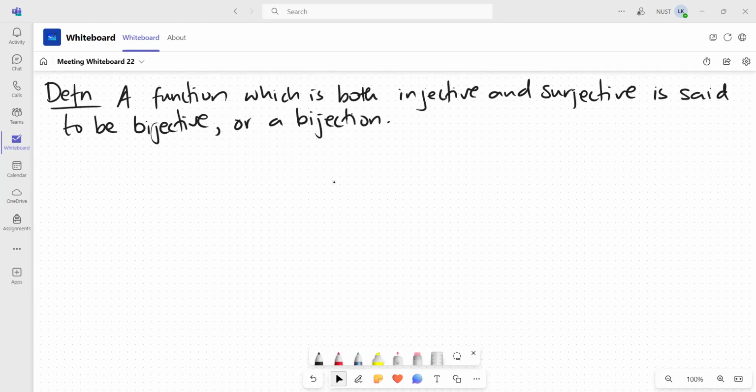Then the next thing we look at is the algebra of functions.